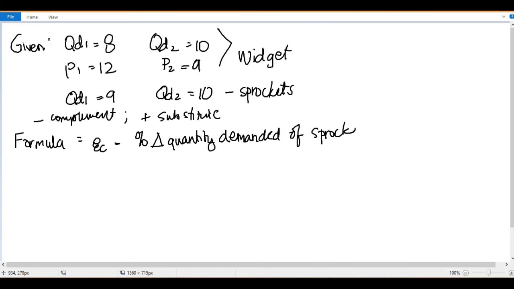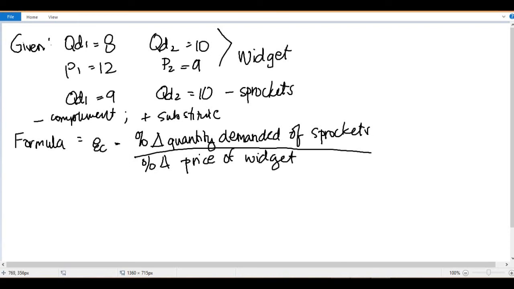Since ang given niya lang is quantity demanded, we cannot look for the price of the sprockets because it's not given. So divided by the percentage change in price of widget. Kasi siya lang yung may price.